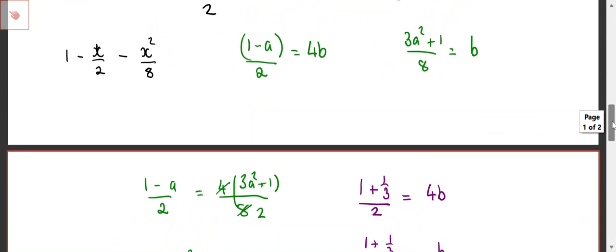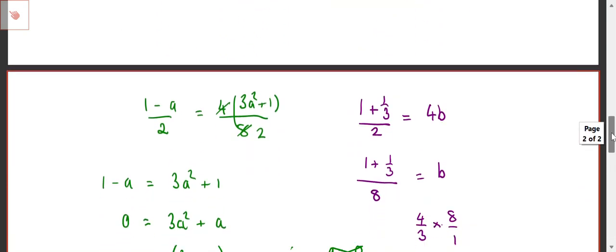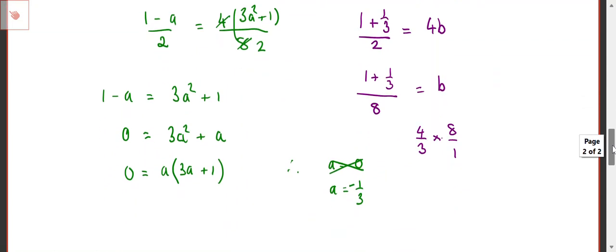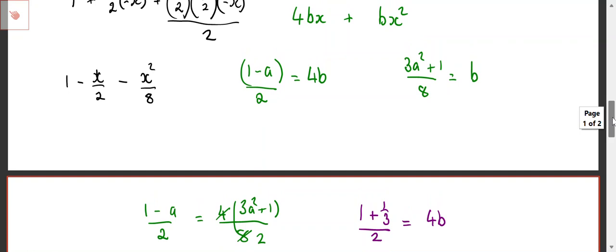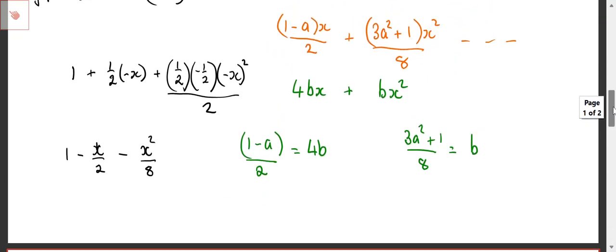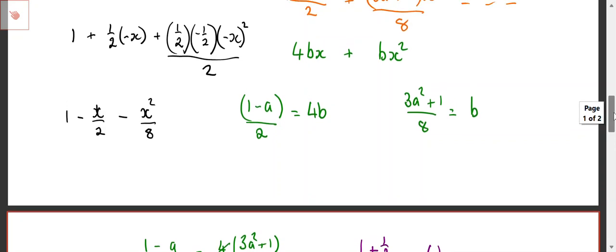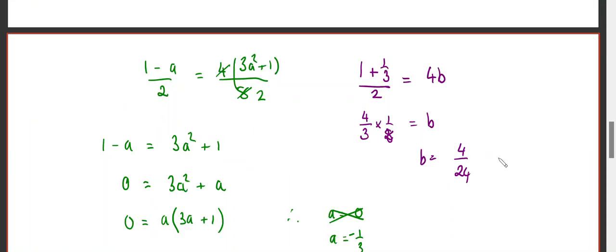So what's gone wrong? The answer: b should be 1/6, which is 1/6.